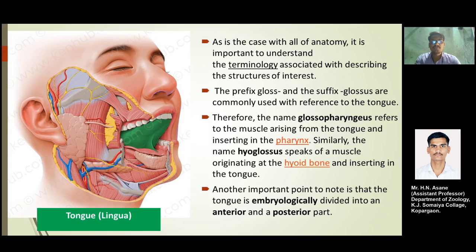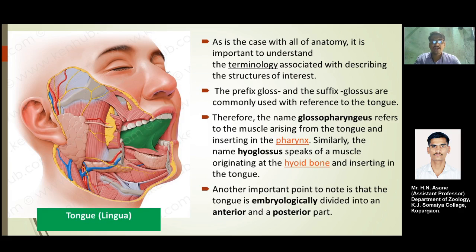The prefix gloss and suffix glossus are commonly used with reference to the tongue, and the name hyoglossus speaks of the muscle originating at the hyoid bone and inserting in the tongue.